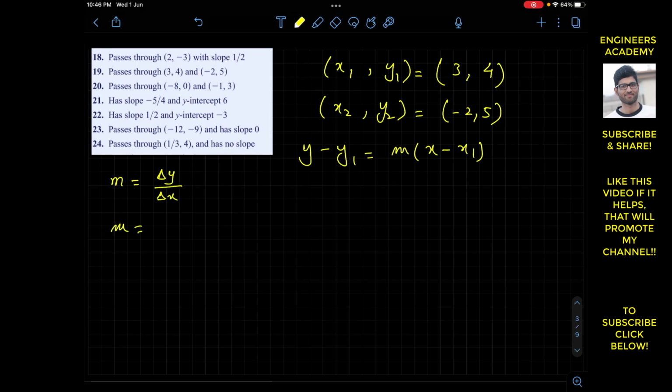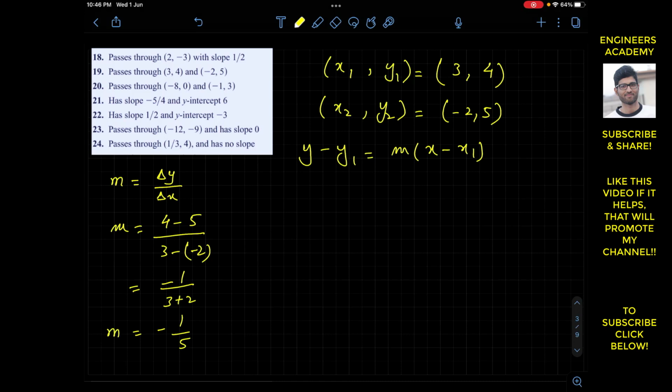The change in y will be 4 minus 5, and the change in x will be 3 minus (-2). So this will give me -1 divided by 3 plus 2, which gives us -1 divided by 5. So now the slope is -1 divided by 5.